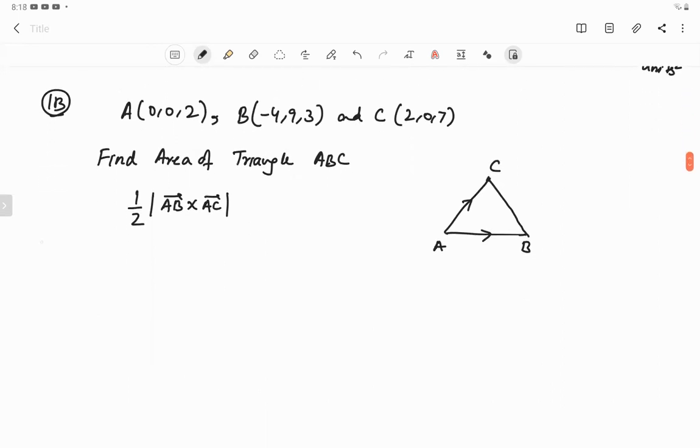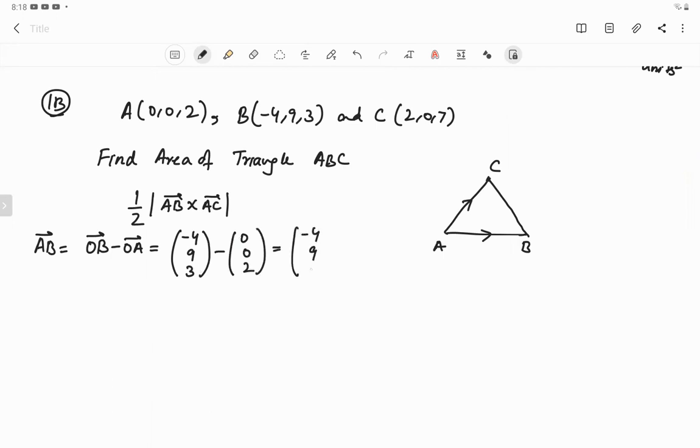Now, AB is equal to what? AB is equal to OB minus OA. And you know, OB is equal to (-4, 9, 3), OA is equal to (0, 0, 2). So AB becomes equal to (-4, 9, 1).